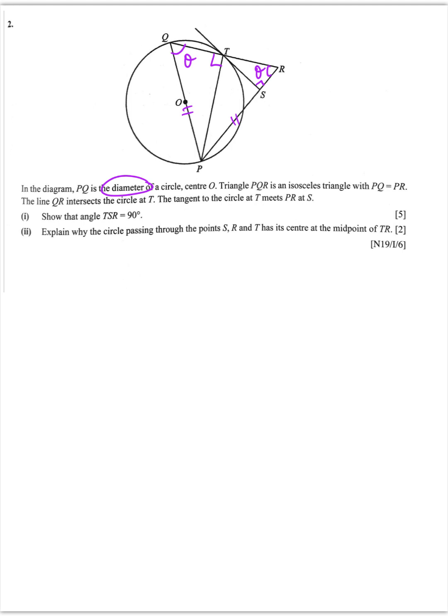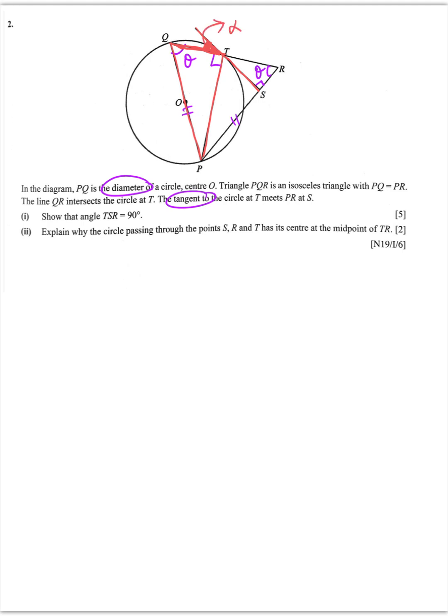Okay, so what happened is that you have a tangent. So when you see the word tangent, be alert. Okay, so this is a tangent. So immediately you have this chord, right? So therefore this angle here, okay, can let it be alpha, right?